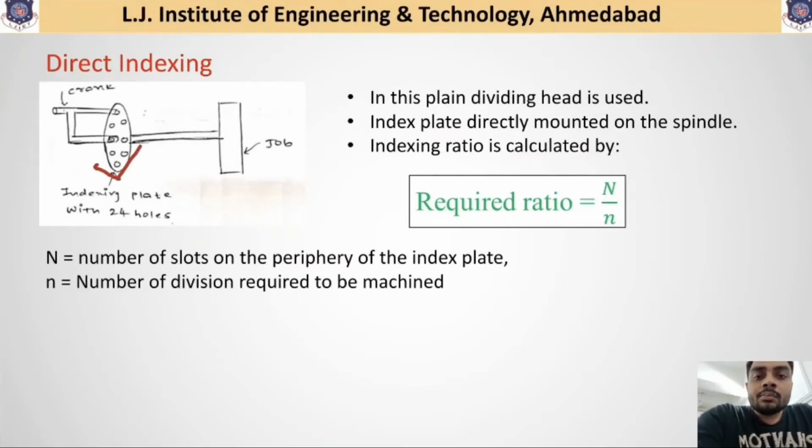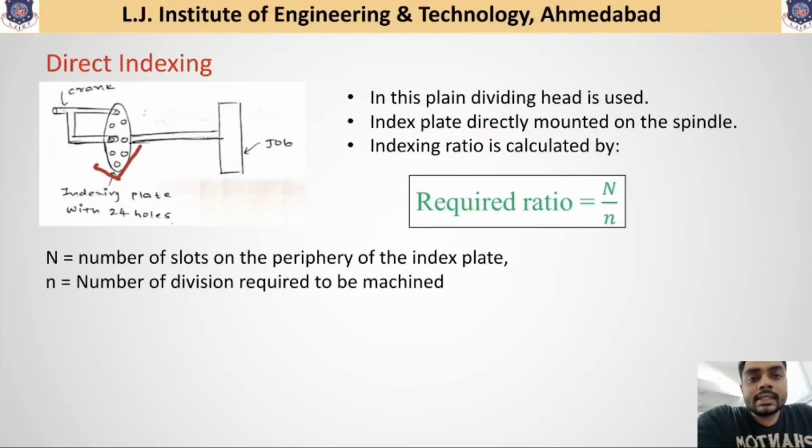As we know, the plain dividing head is useful for plates that have 12 to 24 holes on the periphery. That means a maximum of 24 equidistant teeth can be generated on the workpiece using this direct indexing method.